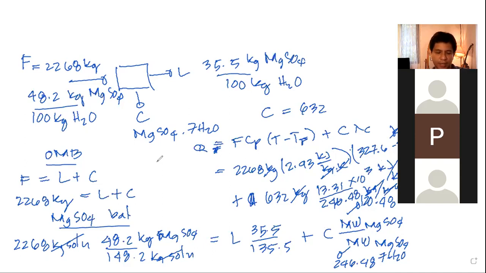So calculate nyo na lang yung Q. So 2268 times 2.93 times parenthesis 327.6 minus 293.2 plus 632 times 13.31 times 10 to the 3 divided by 246.48.